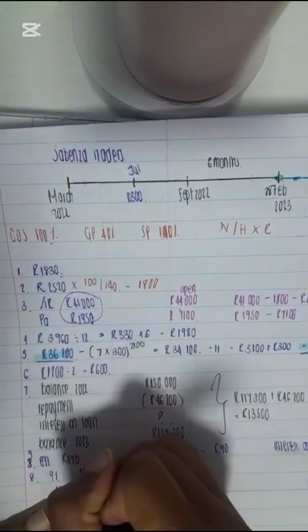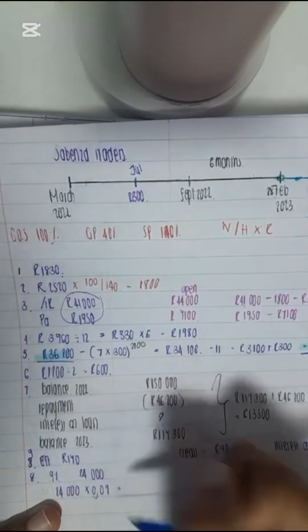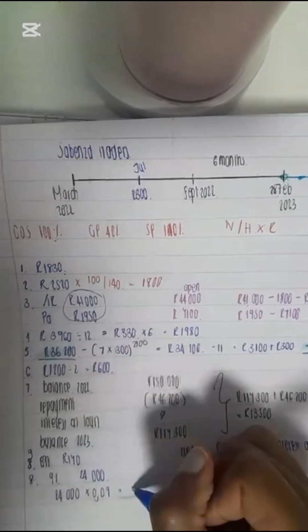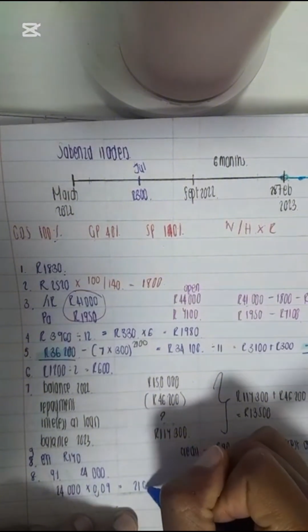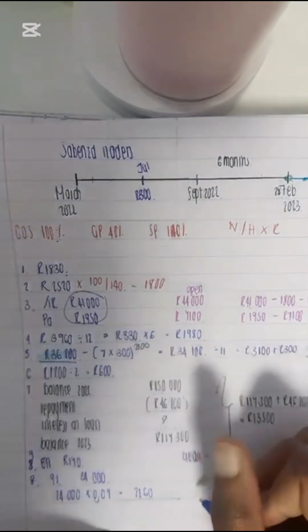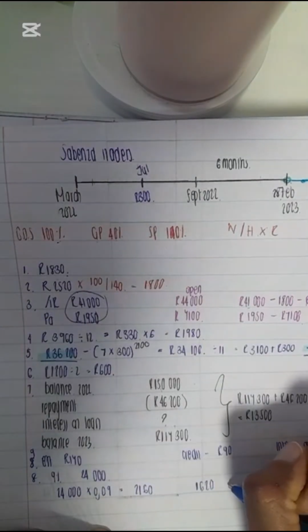So 24,000 times 0.09 gives us an amount of 2,160. But in our trial balance we have an amount of 1,620.